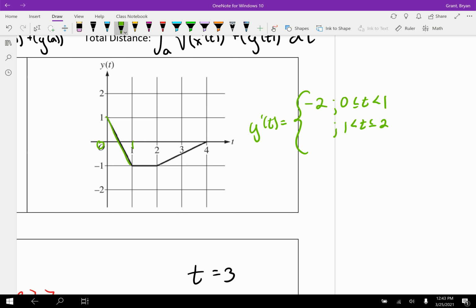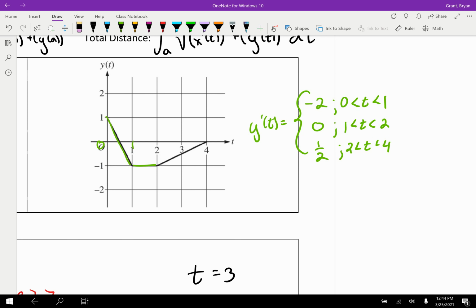From 1 to 2, it looks like there's a slope of 0. And then from 2 to 4, no equals all the way through. From 2 to 4, it looks like the slope is up 1 over 2, 1/2, right? So we have all those, but the problem is we're integrating from 0 to 2.